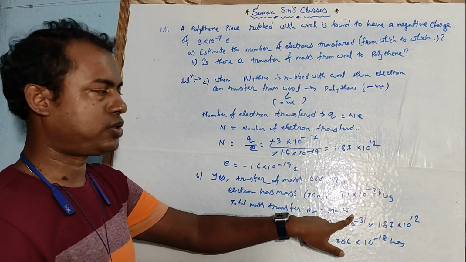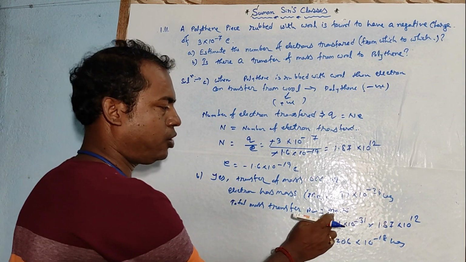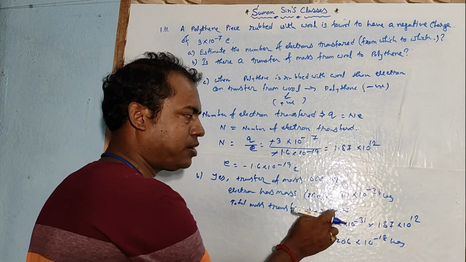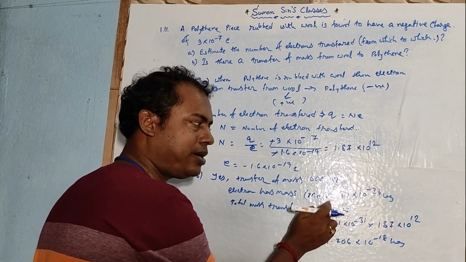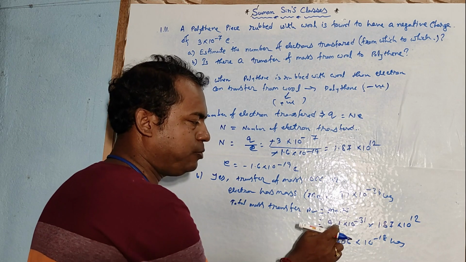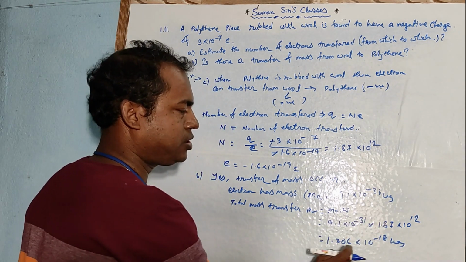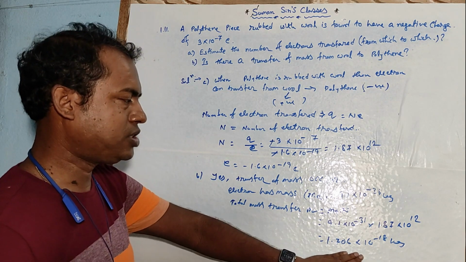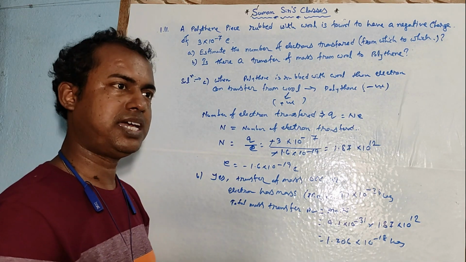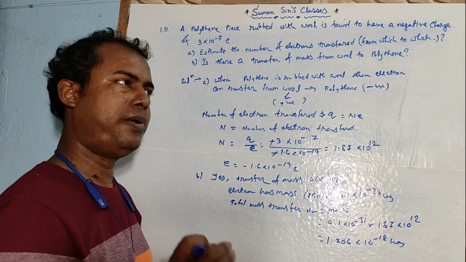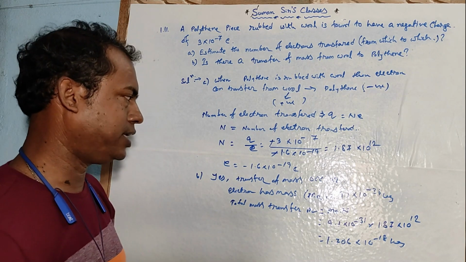So the total mass transferred for n electrons is m_e times n. Multiplying, we get the value, which is 10^-18 kg. This is very negligible, but a definite mass transfer occurs in this case.